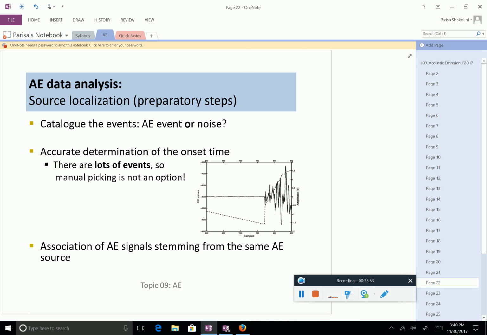There are certain things we need to do beforehand. So the first thing to do, after you have your huge data set collected, is to decide which one of those signals is actually an acoustic emission event, and which one isn't. Now how do we find out? It's difficult.